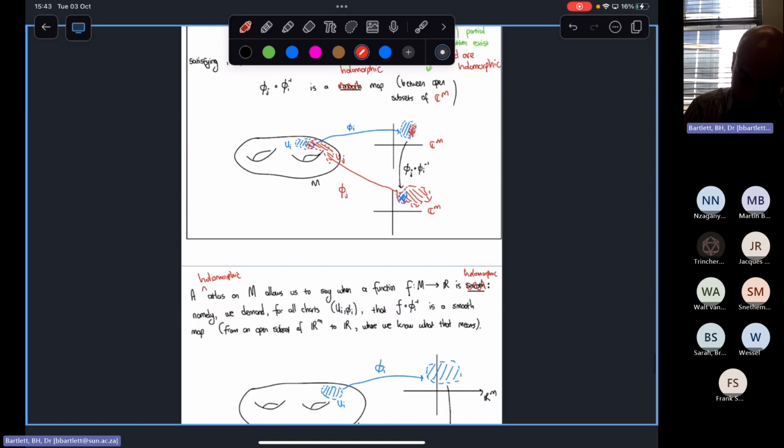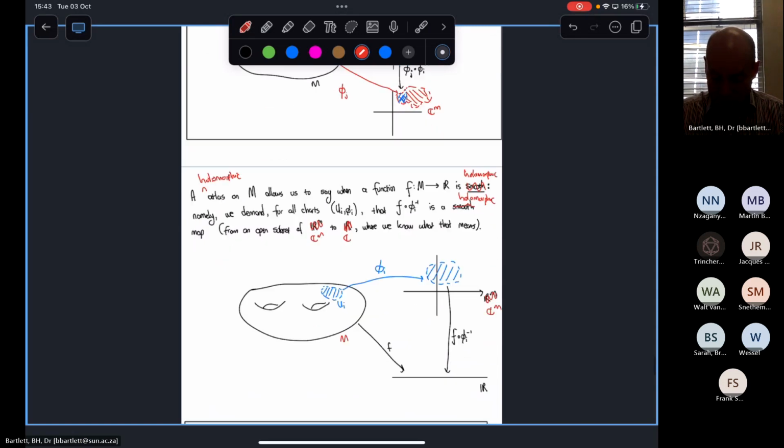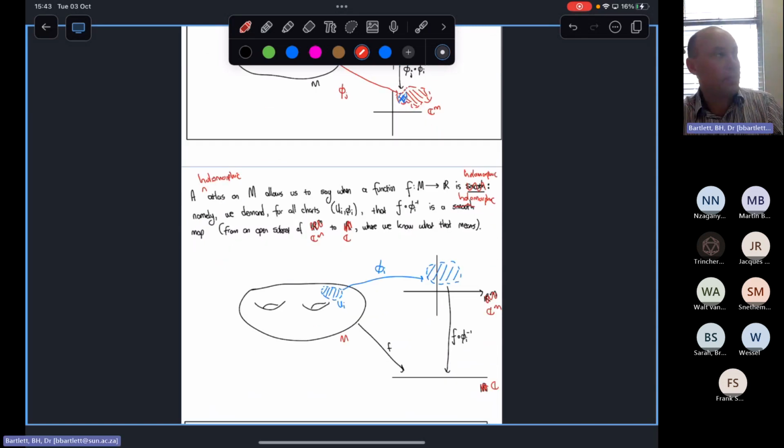Namely, we demand that for all charts, such a map in the chart is a holomorphic map from an open subset of Cm to C. Okay. Everybody following me?